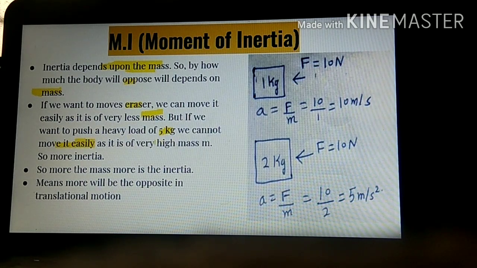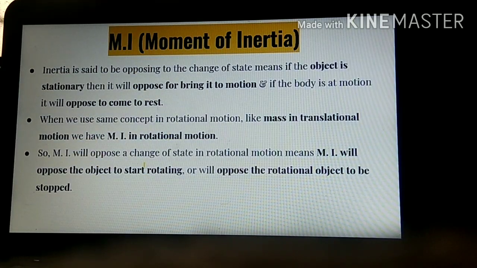Why? Because it is of a heavier mass, so its inertia is also more. The more the mass, the more the inertia, and the more the opposition force that will be created in case of translational motion.